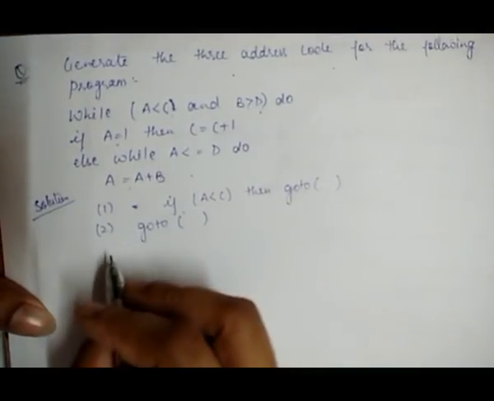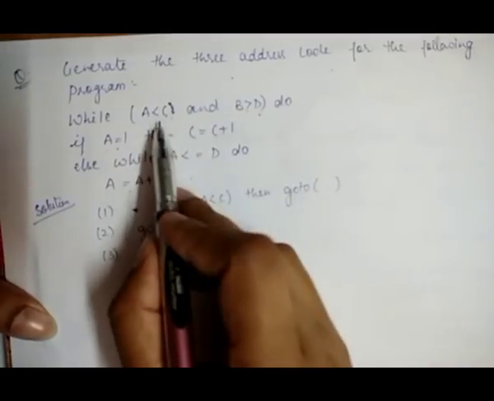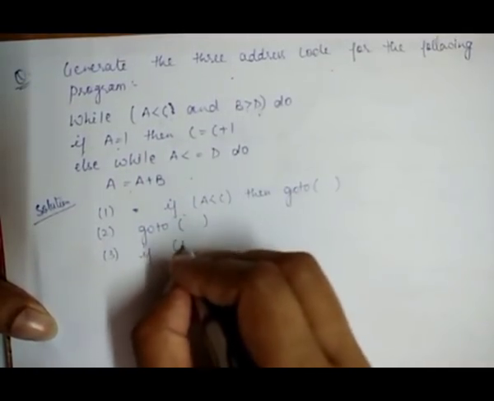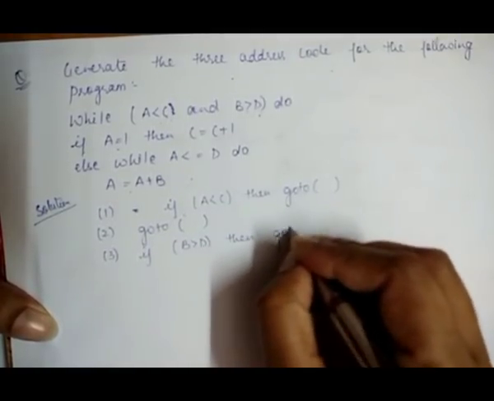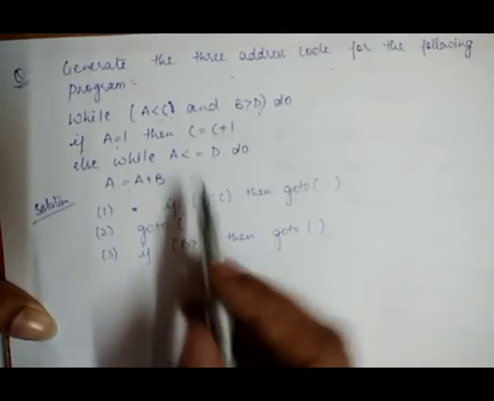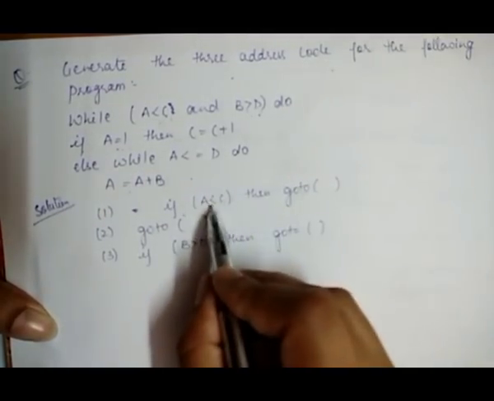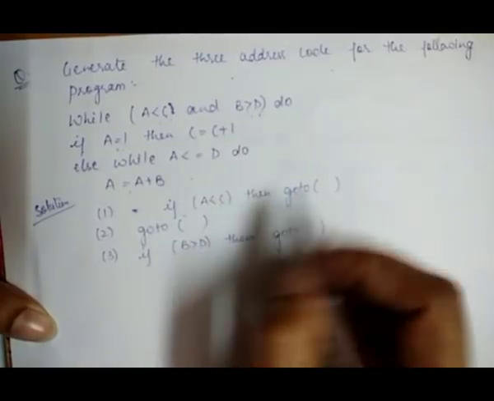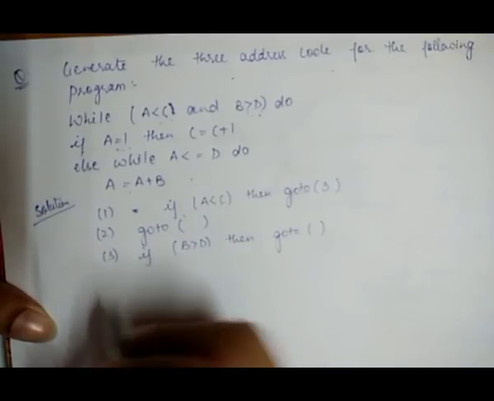Now the third condition: if this condition is true, then we have to check the other condition also. So if b is greater than d, then go to the condition which checks this if statement. If this is true, then this condition will be checked. So we make it the third label, because this condition's statement is number 3.